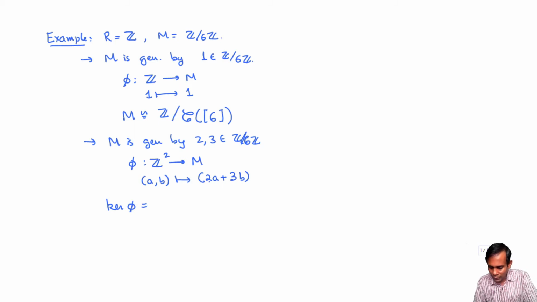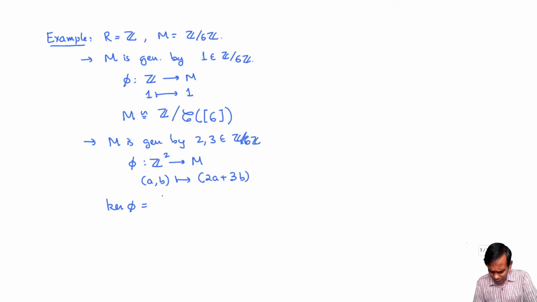Okay, so we would like those pairs (A, B) such that 2A plus 3B is a multiple of 6. In particular, if A is a multiple of 3, then 2A will be a multiple of 6. And if B is a multiple of 2, then 3B will be a multiple of 6.